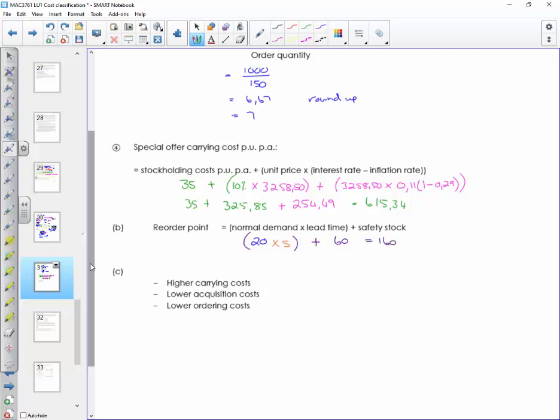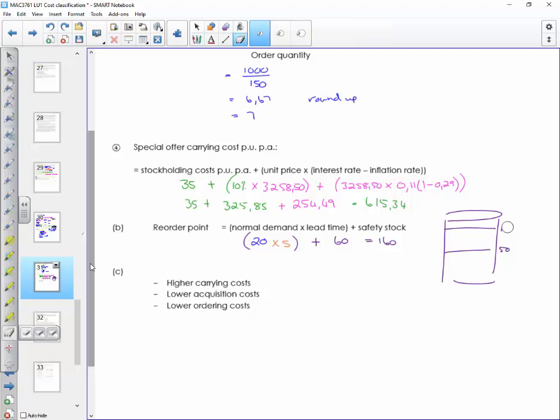When my barrel, if you like, gets down to, there's my 100% mark, there's my 50% mark. When I have however many units, when it gets to 160, then I must reorder so that I can keep using, and delivery will happen when I have my 60 units in stock.